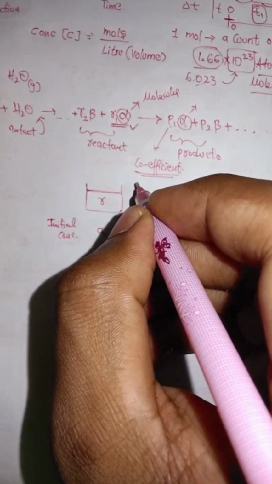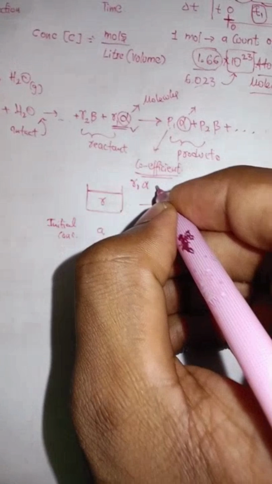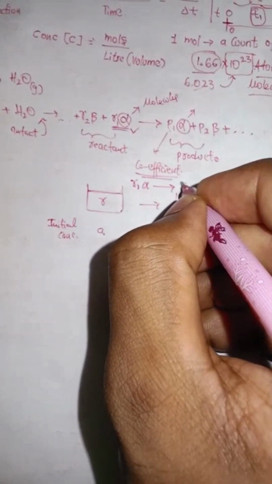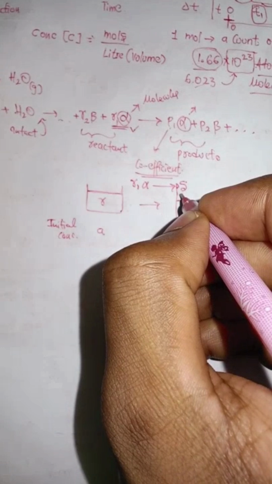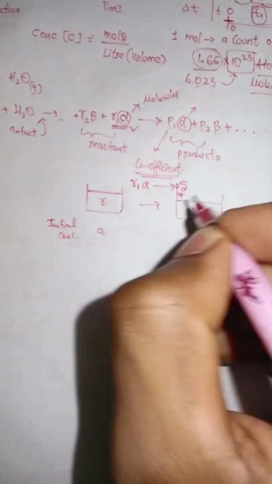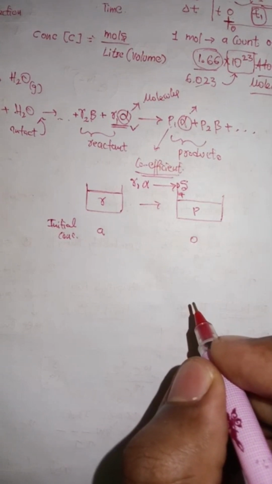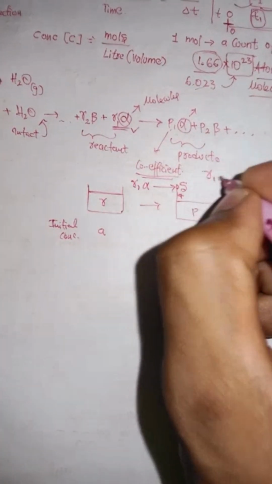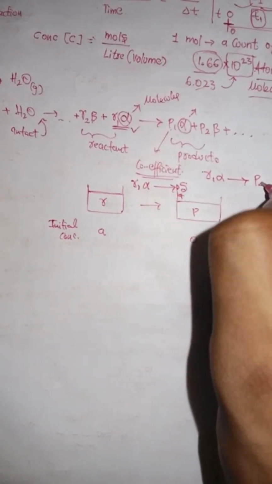I would like to take a reaction like this: alpha to delta product. Let's say this to be 4. Yeah, R1 alpha to P4 delta. I would like to write it separately here.